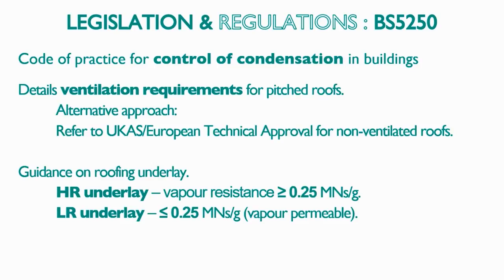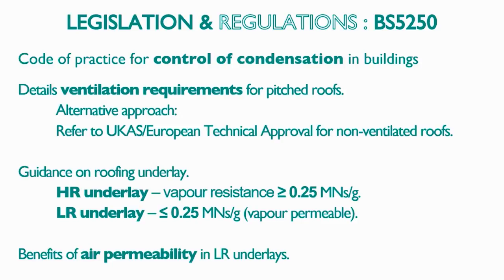HR underlays will always require the use of ventilation, while LR underlays can be used without ventilation provided third-party certification is available and its conditions are adhered to. BS 5250 also recognises the benefit of air permeable membranes with regards to condensation control, but does not define any performance criteria in this area, again leaving the specifics to third parties.